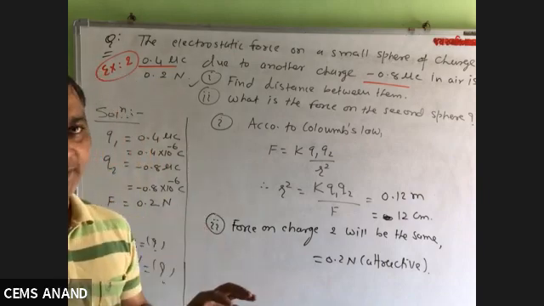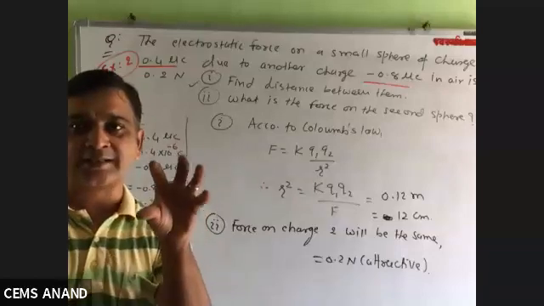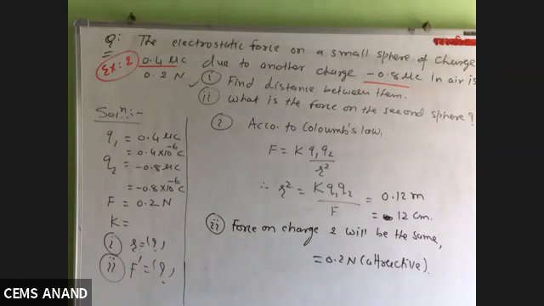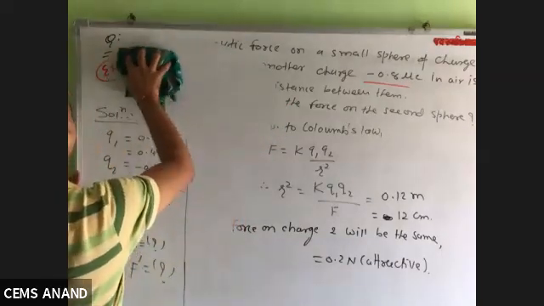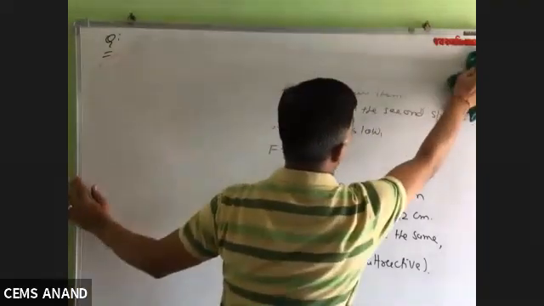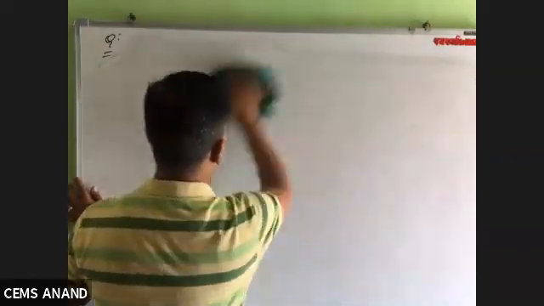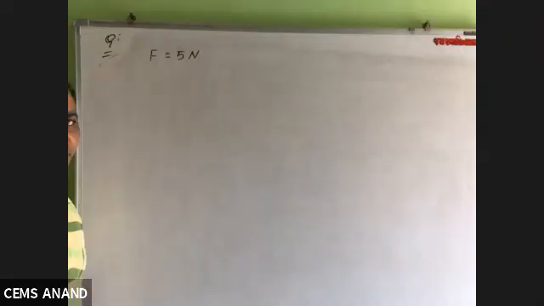There are two particles, same mass, same charge. Then they are at a certain distance. The electrical force between them is 5 Newton. Initially, the force is 5 Newton.